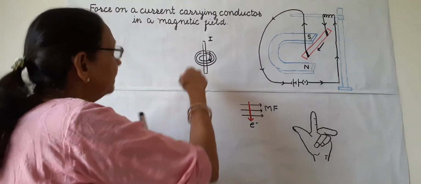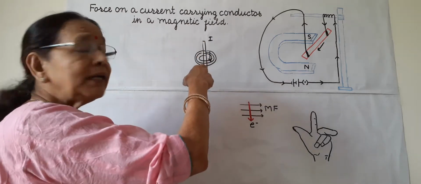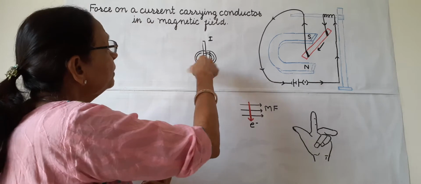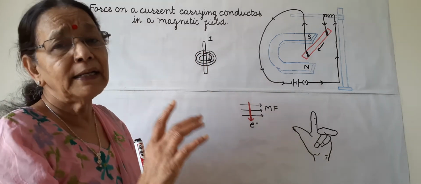It means the electric current produces a magnetic field around a conductor, and we know that a magnetic field is represented by magnetic field lines.